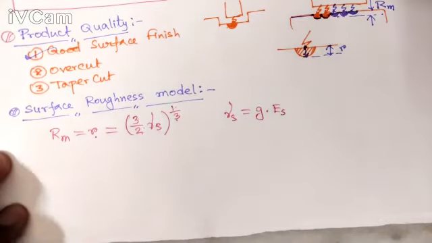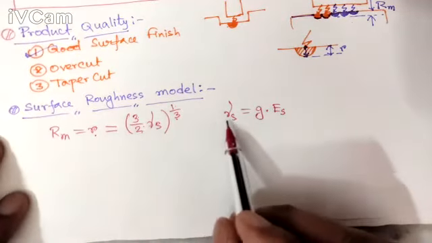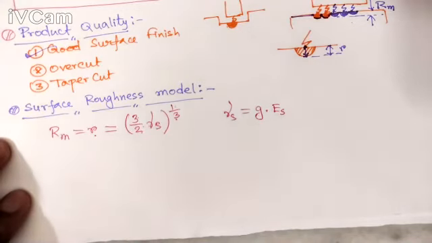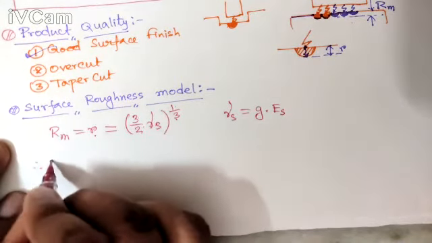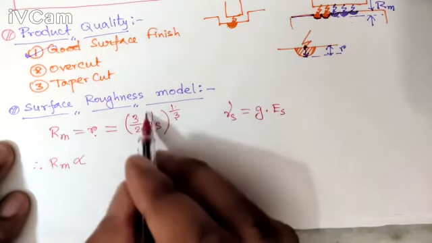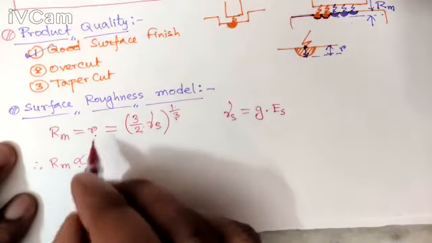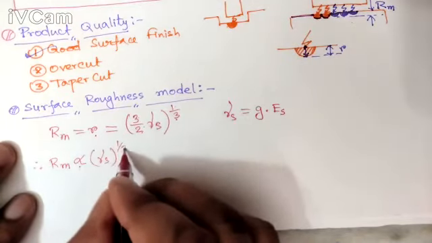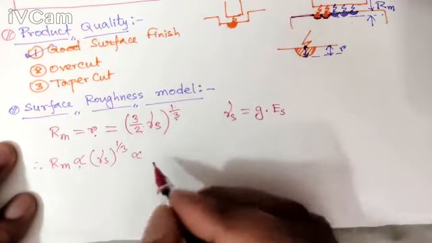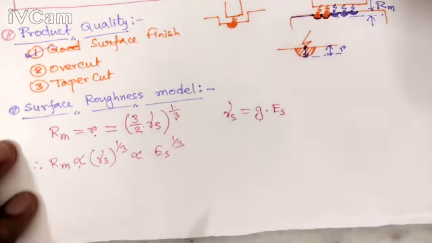We also noticed that gamma s was proportional to Es. So we can write Rm is proportional to Es to the power 1/3, removing 3/2 to the power 1/3 because it becomes a constant, and G is also constant.